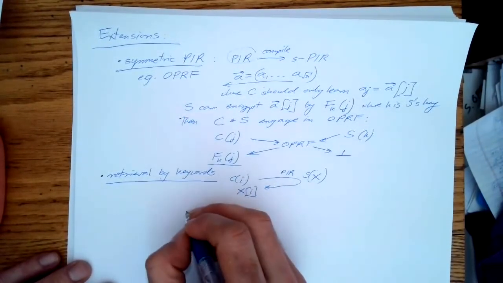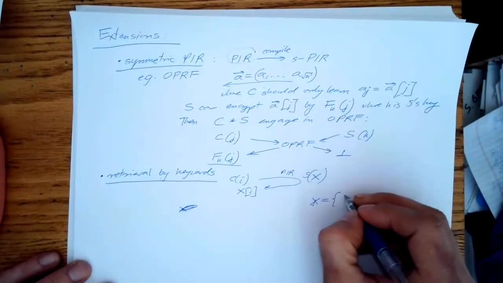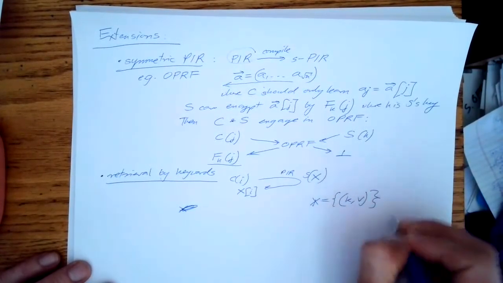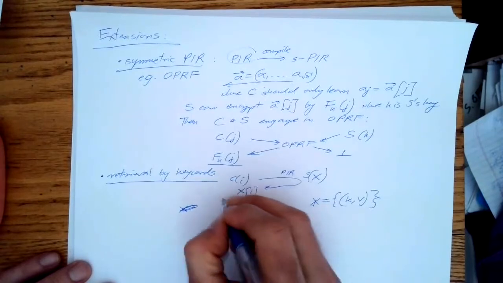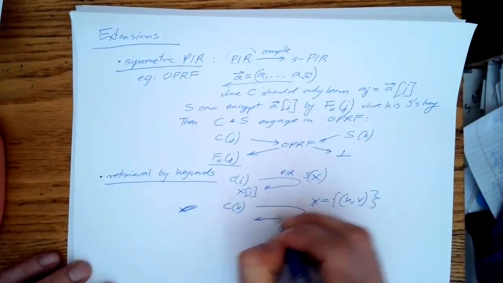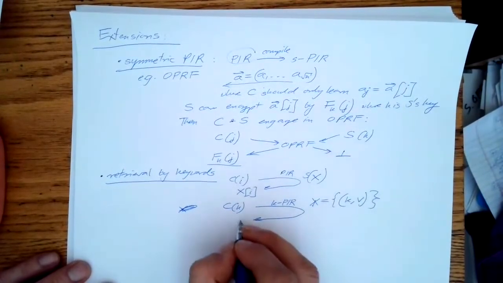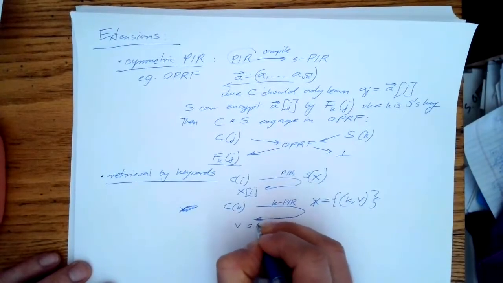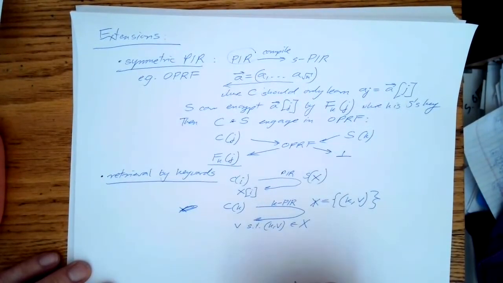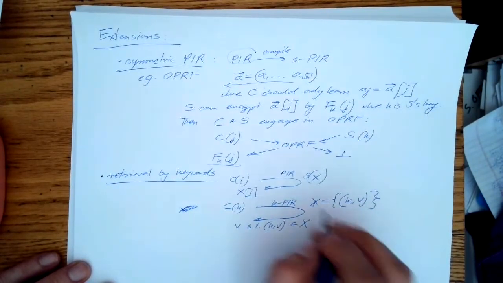Keyword PIR would have X be a set of keyword-value pairs, right? The client has a keyword, and keyword PIR allows the client to get V such that (K, V) is in the set, right? So a value associated with this keyword in the server's database.